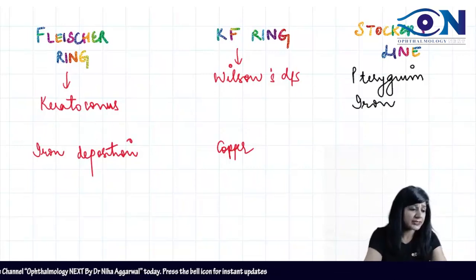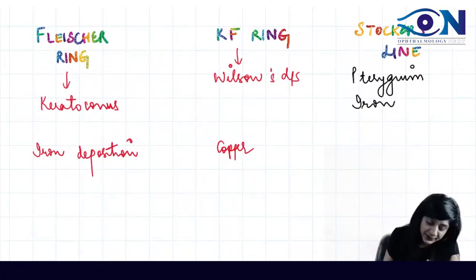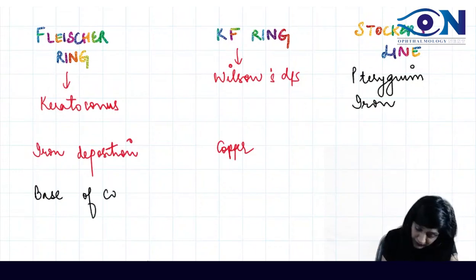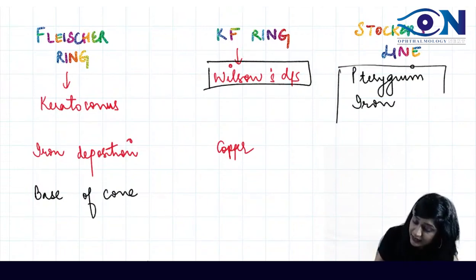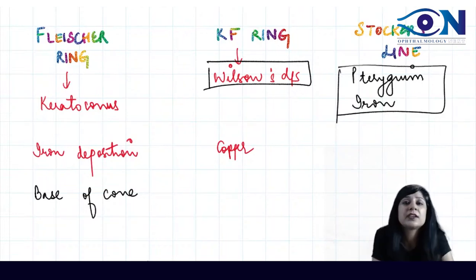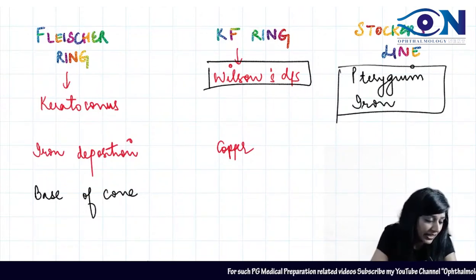Copper deposition is there in the KF ring. Iron deposition at the base of the cone we have. KF ring is due to copper deposition found in Wilson's disease, while Stocker's line is near the apex of the advancing head of the pterygium. That is again iron deposition.